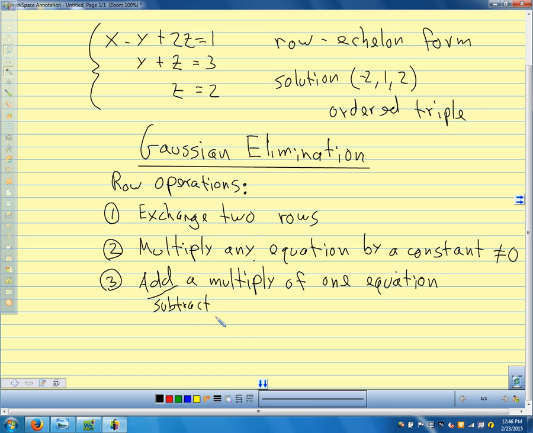Usually we try to arrange it so we add. Add or subtract a multiple of one equation to another equation, and replace.